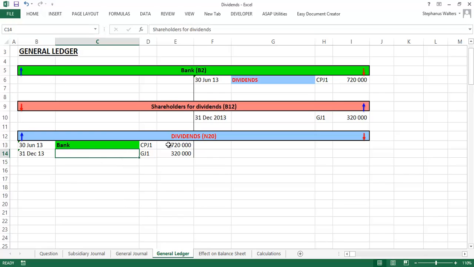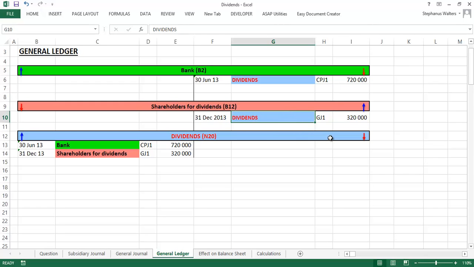So the dividends account was debited, and the account credited is what we're going to put here, which is my shareholders for dividends. And in the shareholders for dividends, I'm going to refer back to the dividends account. Hopefully with the colors you can also see, you can never have the same color, the same account affected, unless of course it's another liability account.